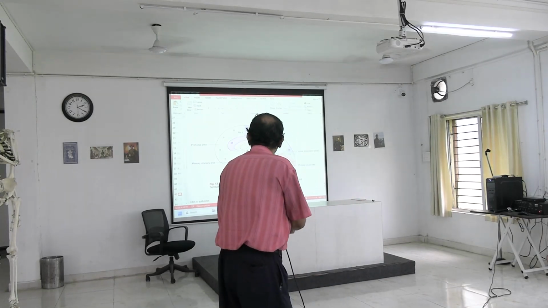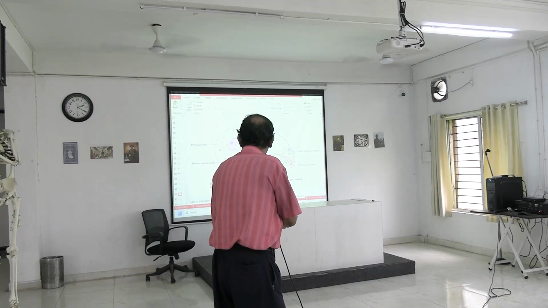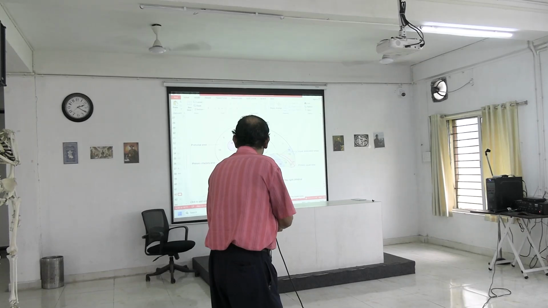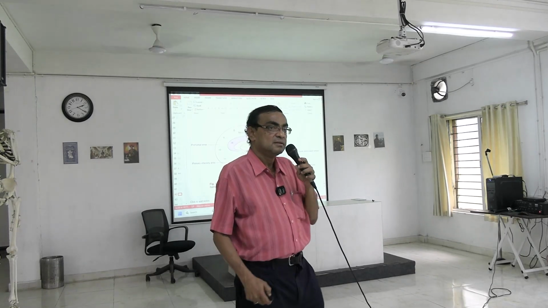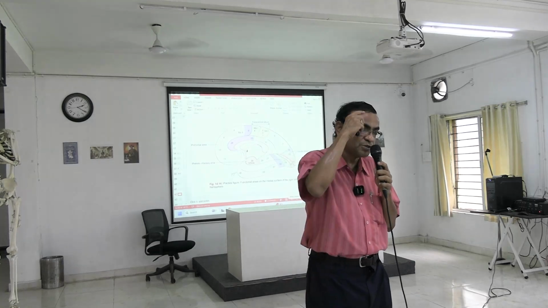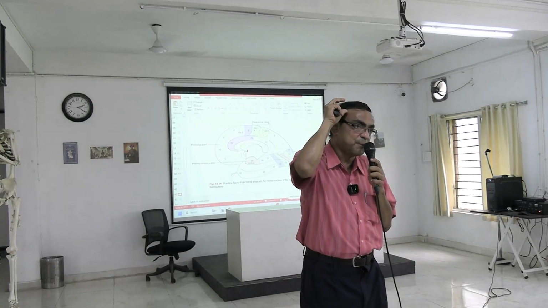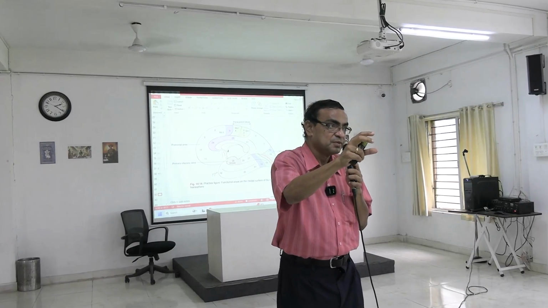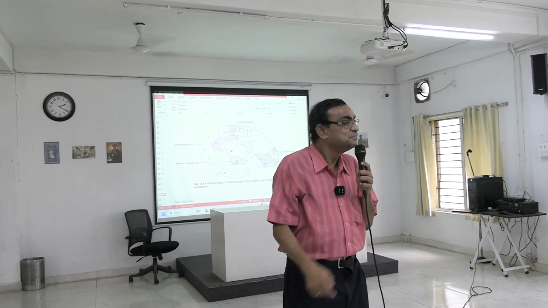The other area we know is the frontal eye field, area 8, and areas 9, 10, 11 and 12 are called the prefrontal cortex. They are responsible for personality development, mental concentration, judgment and everything.